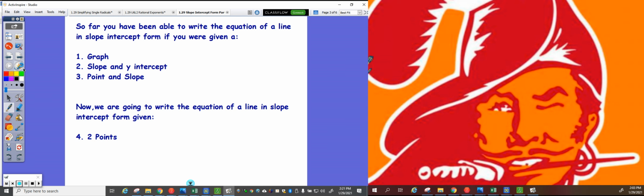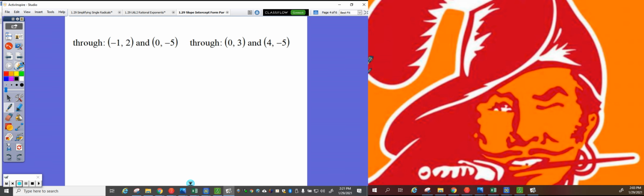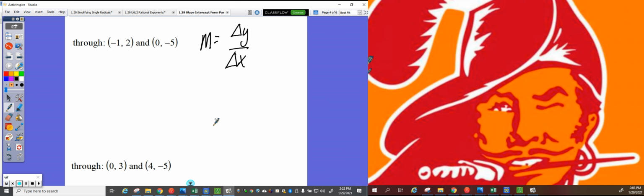But before we do 2 points, we have to find the slope of these 2 points. So, let's remember how we do slope. Slope is the change in the y values over the change in the x values.